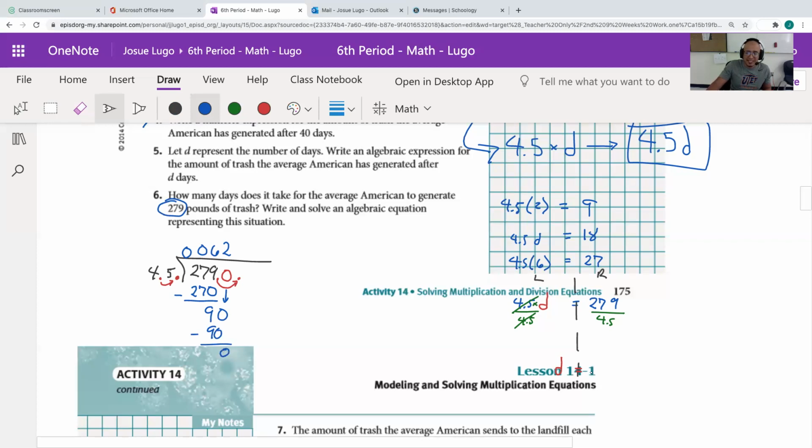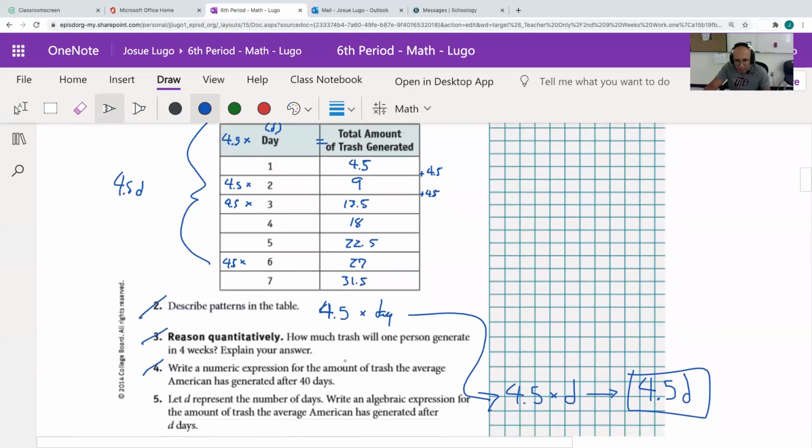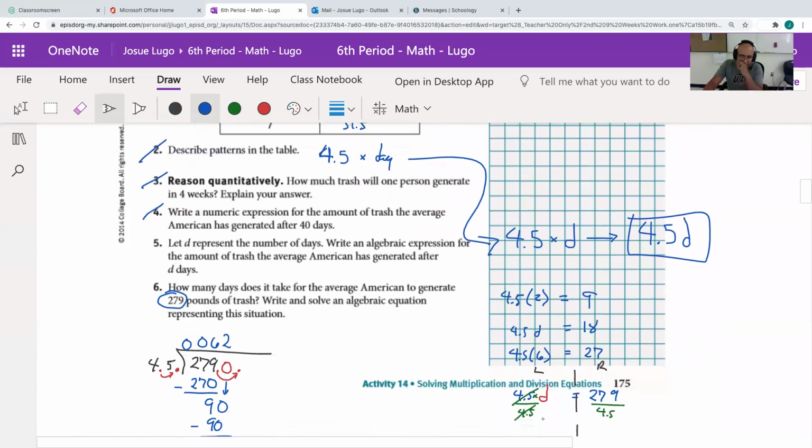And that means that it would take me 62 days to produce 279 pounds. Now imagine if I had gone on my table and done 62 rows. That would be ridiculous. It's so much easier to just know how to solve an equation. And ladies and gentlemen, that's why it's important to know how to solve equations.